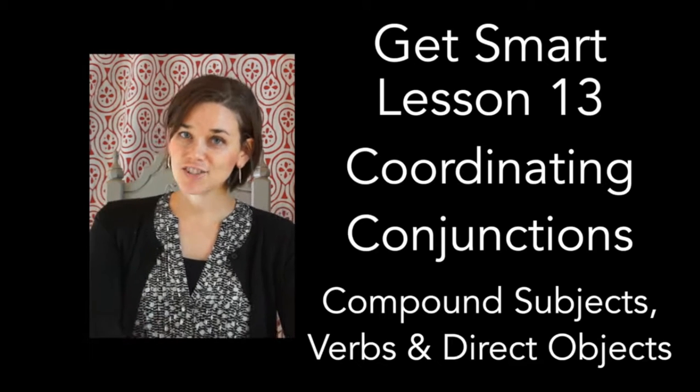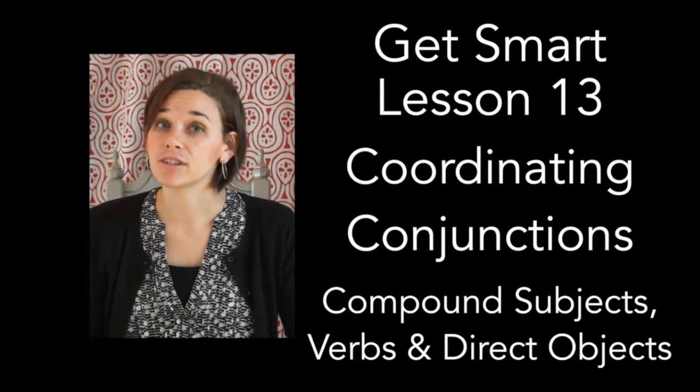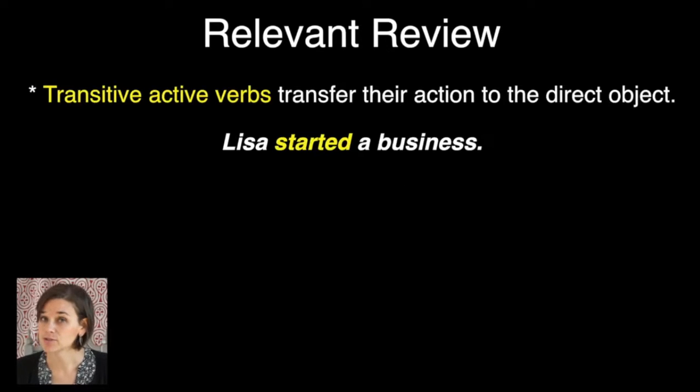Before we dive into conjunctions, let's take a moment to do a little relevant review of what you learned in the last lesson. You learned about transitive active verbs and direct objects. You learned that transitive active verbs are verbs that transfer their action to a receiver, and the receiver of the action is called the direct object.